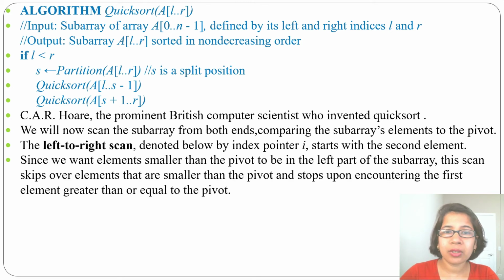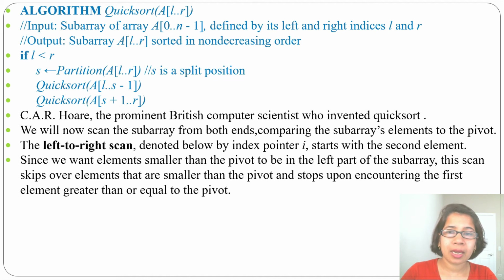We want all the elements smaller than the pivot to be on the left side of the pivot. So we'll skip all elements smaller than the pivot and stop at an element which is greater than or equal to the pivot. That means the I pointer will stop if it finds any element greater than or equal to the pivot.